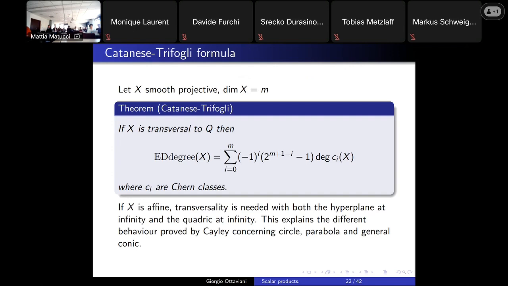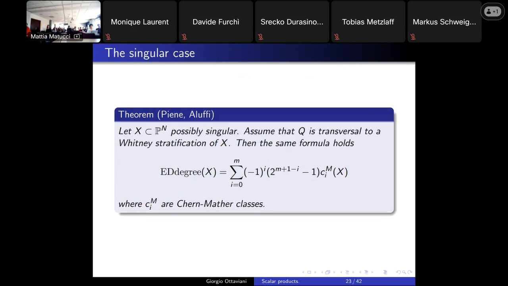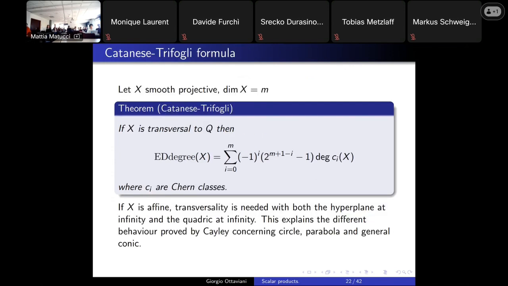It's not clear, but yes, it is an inequality at the end. Good remark. If the transversality is not satisfied, then you have an inequality. This sum is bigger. That's the inequality for the ED degree.